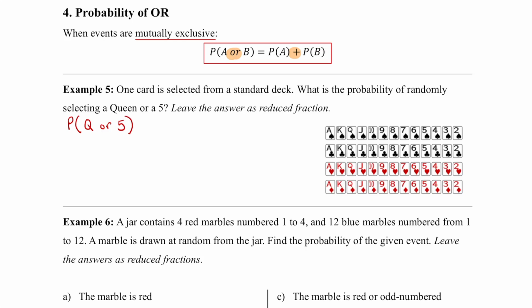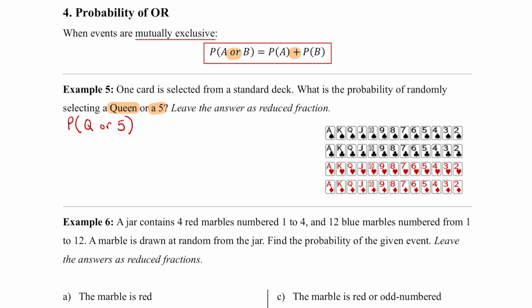First of all, we want to know if the event of getting a queen and the event of getting a 5 are mutually exclusive. Ask yourself, can one card be both a queen and a 5? If the card is a queen, it's not a 5. And if the card is a 5, it's not a queen.